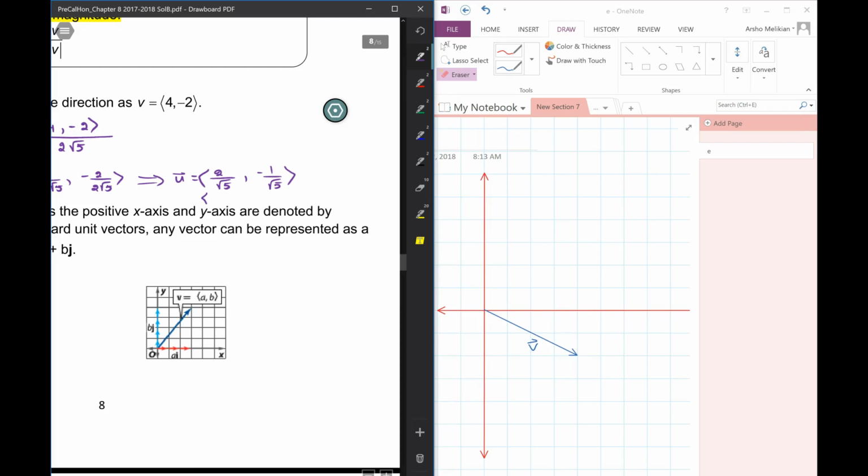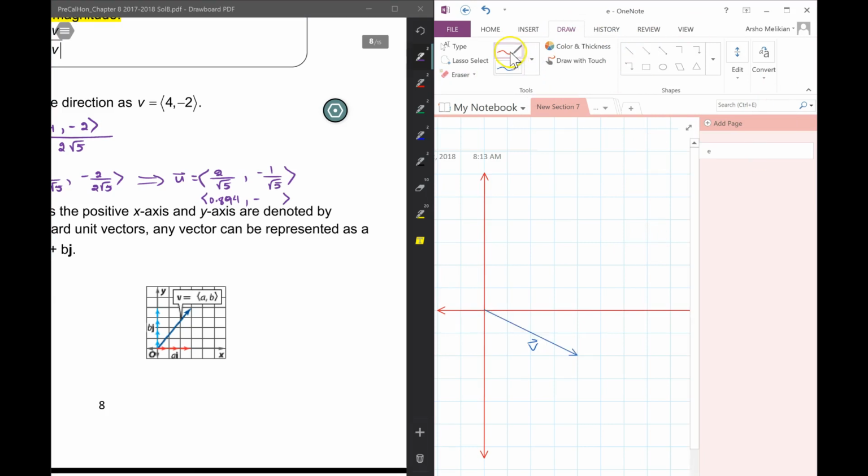No, it's 0.894. And what about 1 over root 5? It's half of that. So how much is that? 0.447. Right. Okay.